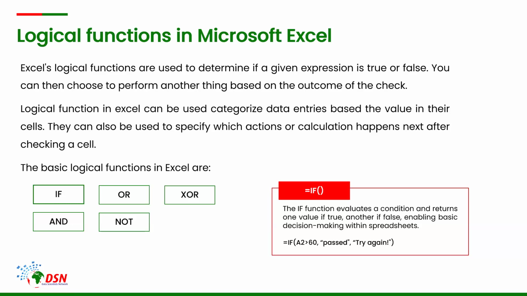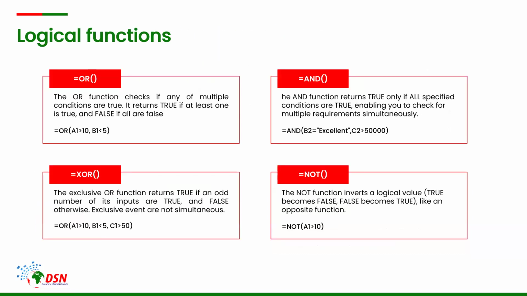And let us note that although IF allows us to specify multiple conditions, we don't use the IF only. There's another logical expression that allows us to specify multiple conditions. But when we come to the OR function, it will allow us to specify multiple conditions. Look at this. This is A1 greater than 10. This is B1 greater than 5.